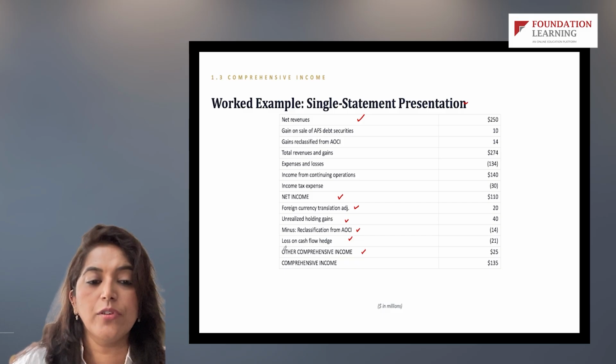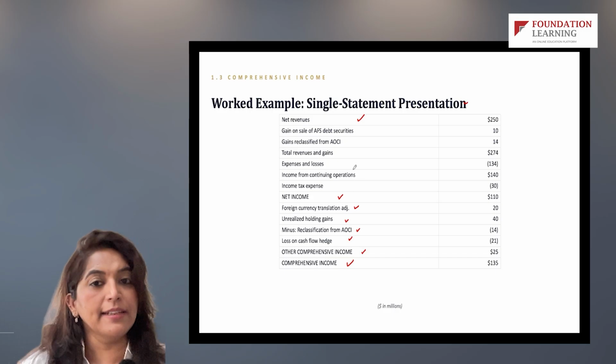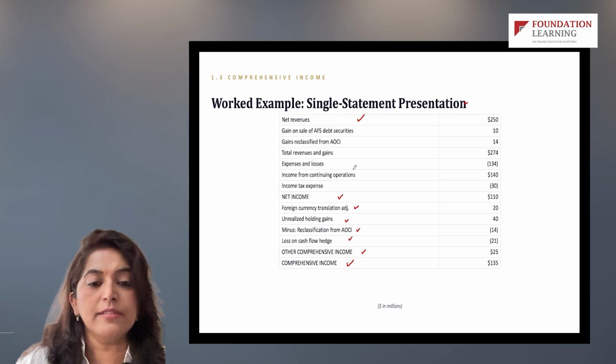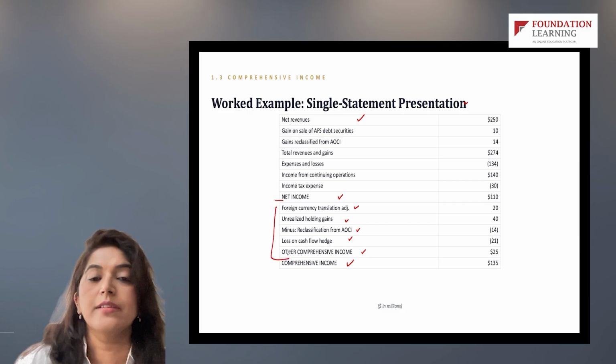This is total of OCI, which helps us create comprehensive income, right? So this is the one single statement presentation, right? Separate statement presentation is, you stop here at net income and again start with net income and show this separately, right?